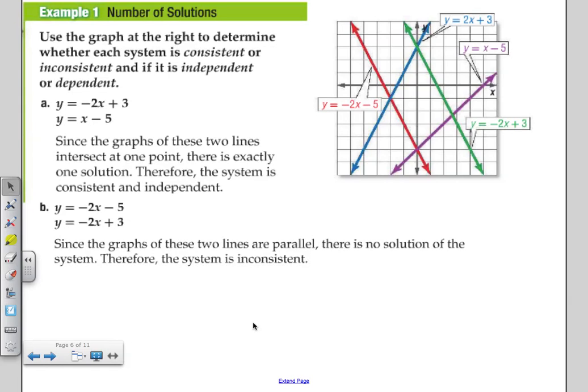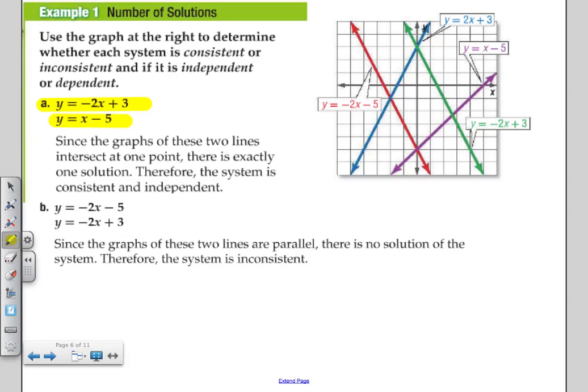So here, something like that. Use this graph to the right to determine whether each system is consistent or inconsistent, and if it is independent or dependent. We have y equals negative 2x plus 3 and y equals x minus 5, and we're considering those two together.